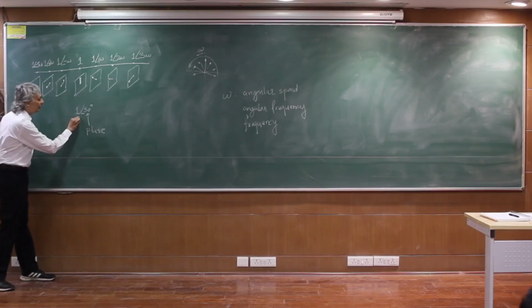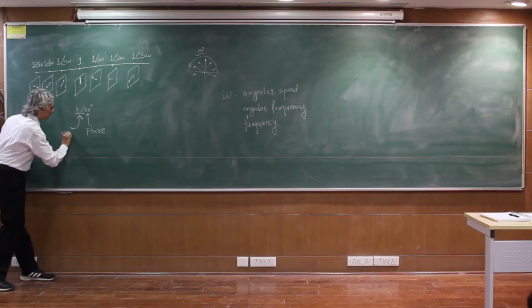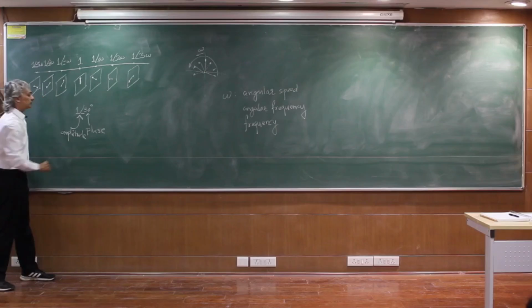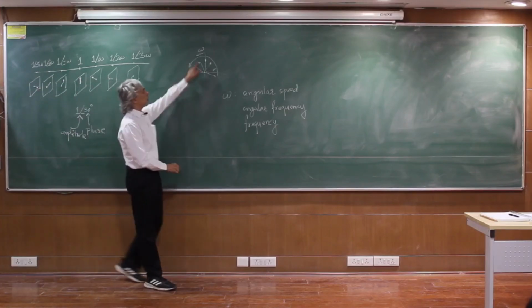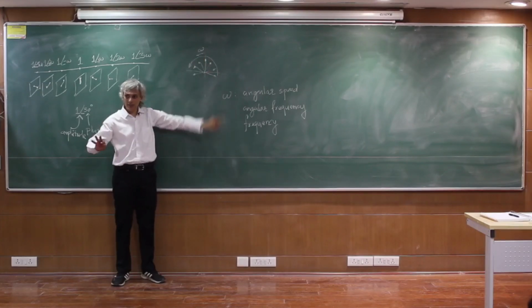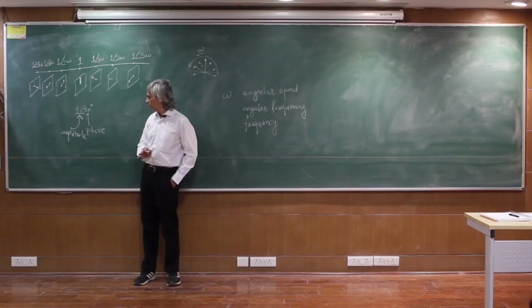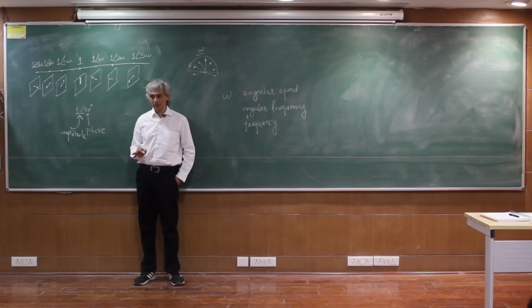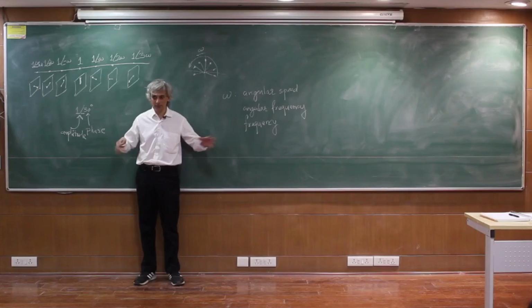It's traditional to call this the amplitude. And it's traditional to call omega the angular frequency, or just frequency. So phase, amplitude and frequency are the three things that can change to produce various of these spiral shapes.